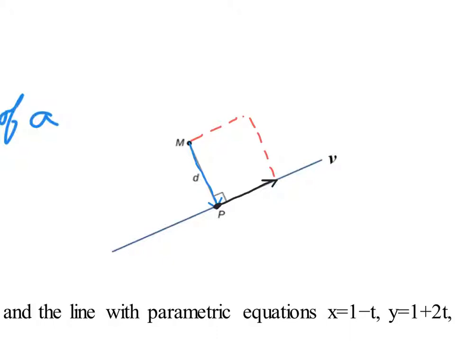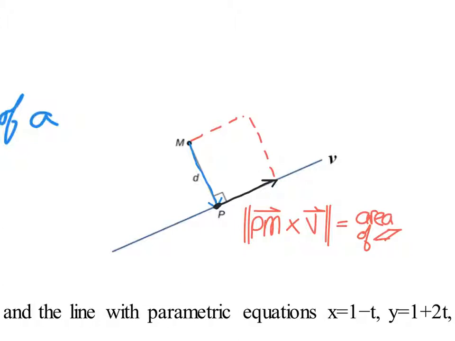So if I were to find the cross product between PM and vector V, and find the magnitude of that, that would give us, I'll just write equals, the area of the parallelogram.